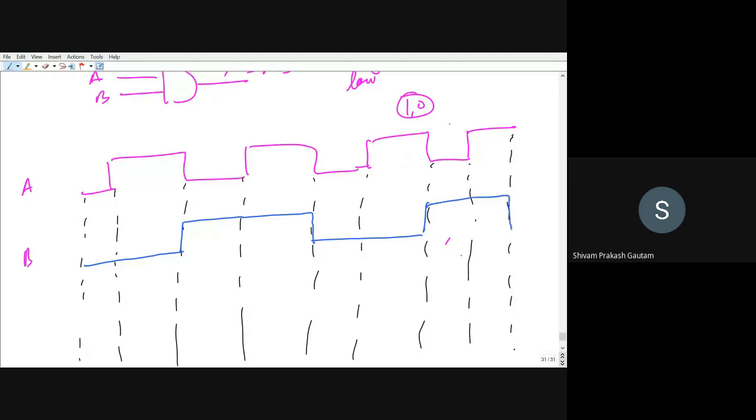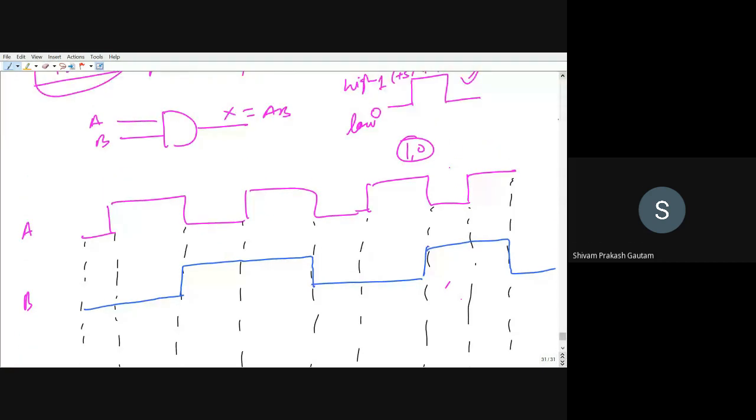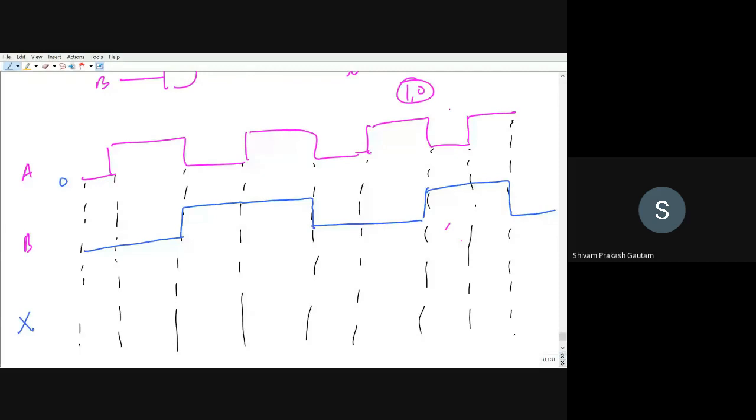This is my B signal. And finally, what we want is X. X is your output, and X is A multiplied by B. This is 0, this is 1, or you can also represent this as low and this as high. Now we want to draw X, that is the output, also in pulse format.